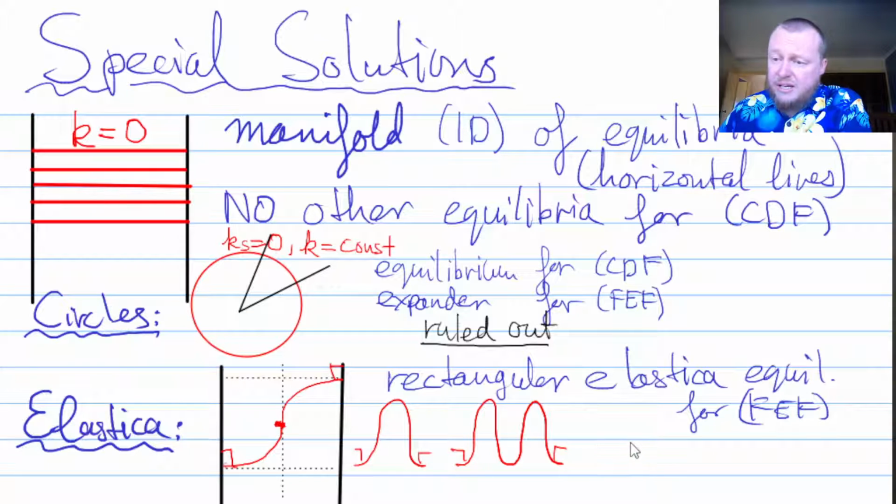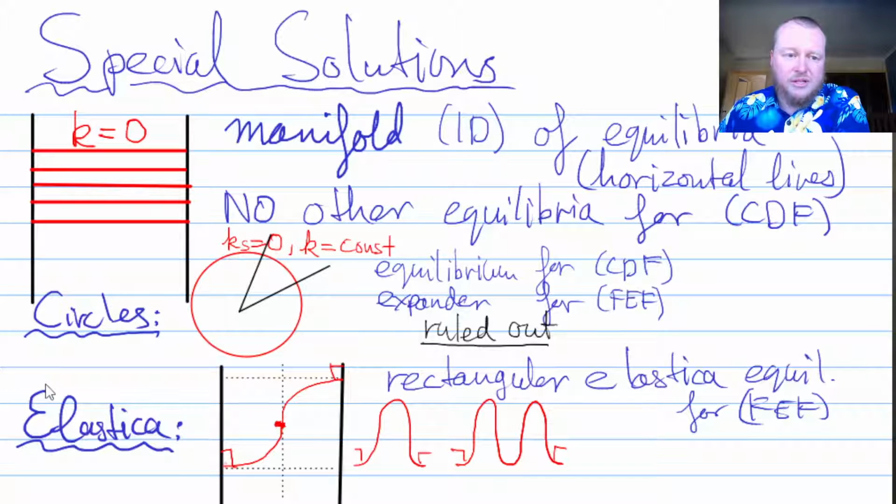There are infinitely many. They're quantized at various energy levels, because the total elastic energy is total bending, and as you add more periods, it bends more and more. So there is an energy quantization for these curves, but still they happen. If you're talking about equilibria, there are a lot of them with elastica, but for curve diffusion, not as many.